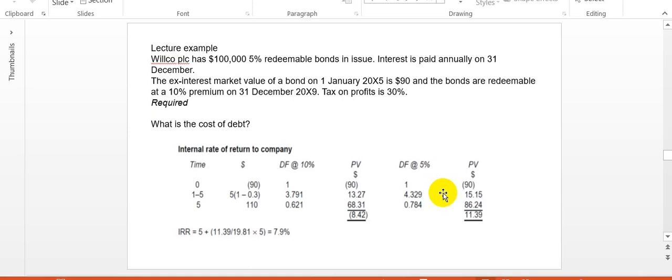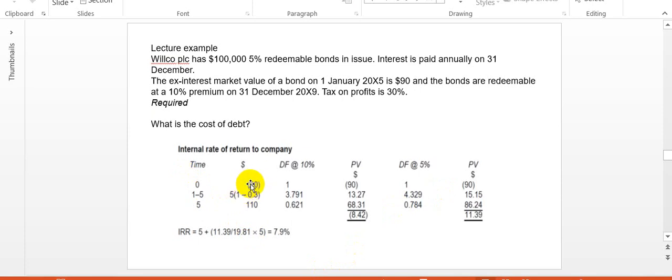The ex-interest market value of a bond on 1st January 20x5 is $90, and the bonds are redeemable at a 10% premium on 31st December 20x9. Tax on profits is 30%. Required: what is the cost of debt?